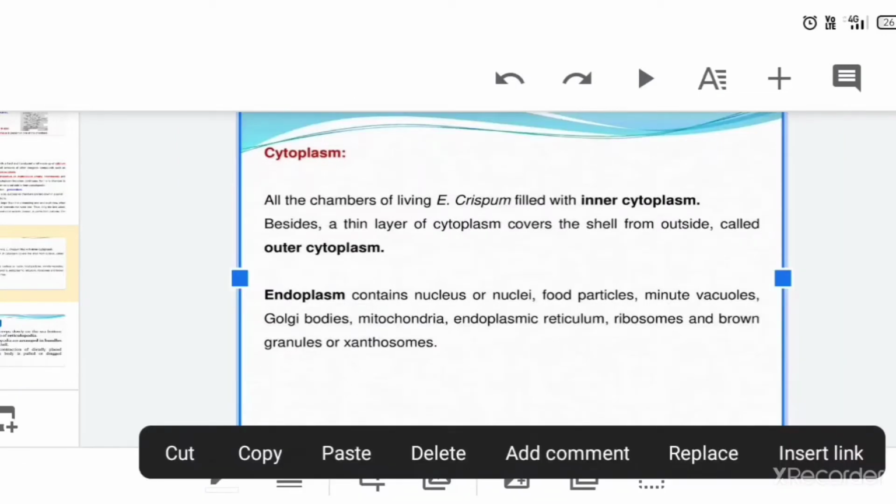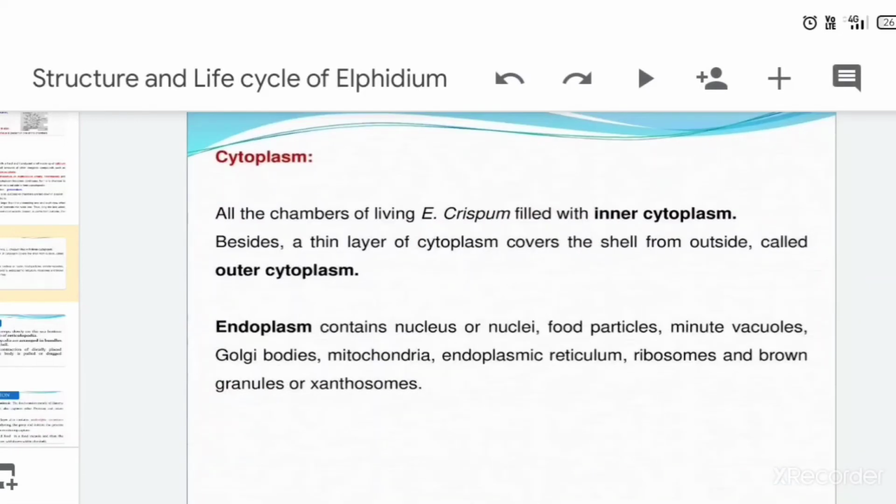These xanthosomes are the waste matter of the animal, and they are also present in the cytoplasm itself. The cytoplasm also consists of many organelles like the Golgi apparatus and mitochondria, all present in the cytoplasm itself.